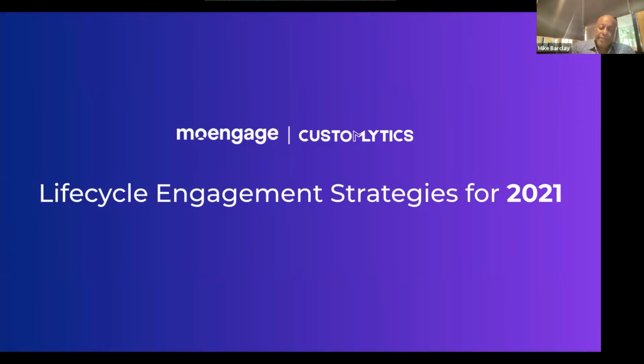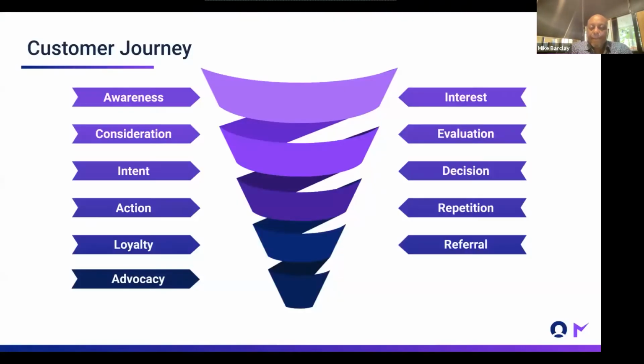So onto the topic. What we're looking to talk to you about today is the customer journey and how that life cycle works. When we think about life cycle marketing, it starts really where you have an idea or a product, but there's somebody out there who doesn't know about you at all.